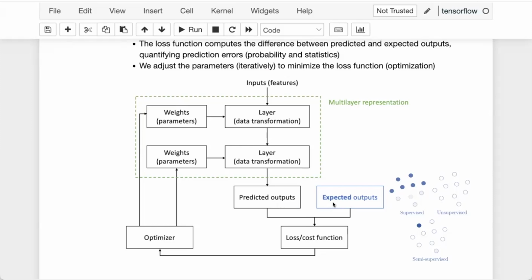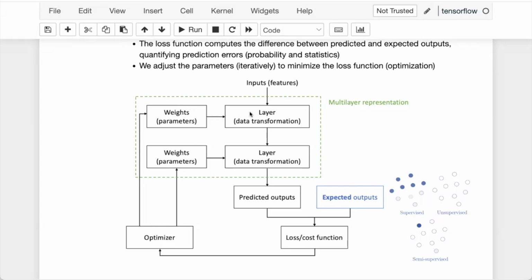And now, given these two, we send them to a loss function, also known as a cost function. And this measures the difference between the two, for example, using 0,1 loss or a hinge loss. And based on this, we form the empirical risk minimization problem, right? So in that case, we have to find an optimizer to find the optimal solution for these weights and parameters.